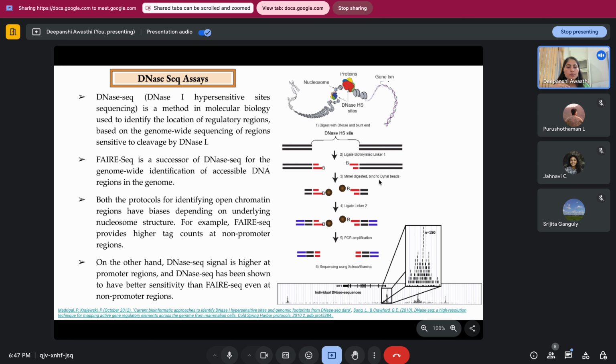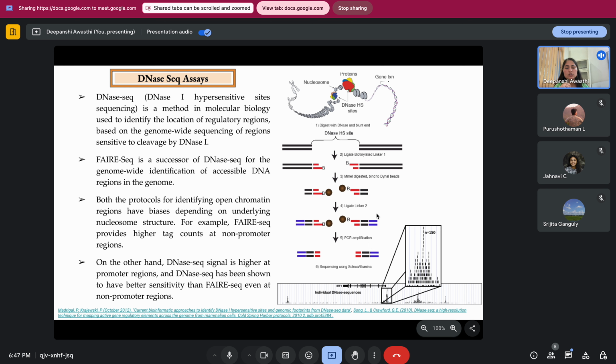Then it will also bind to streptavidin beads. There are some beads which you see here, the darker brown ones. They attach to these biotinylated adapters, and these beads are mostly used to isolate these fragments in the later section.